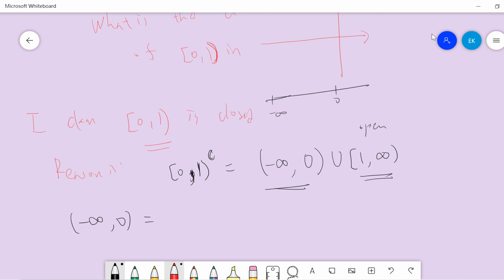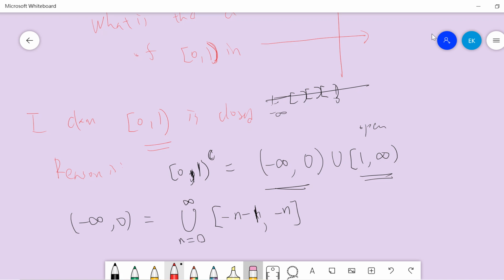I can use this open interval, this open interval, this open interval, and keep doing this to cover it, taking the union over n from 0 to infinity.